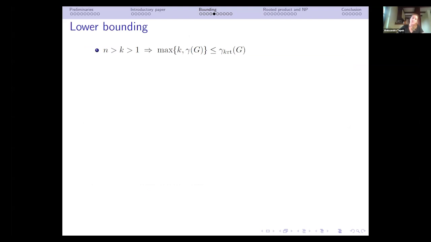The most interesting comparison is probably with ordinary domination, and this is something which is really easy to see. We explained this bound before, and because every k-rainbow total dominating set is of course dominating, this inequality certainly holds.